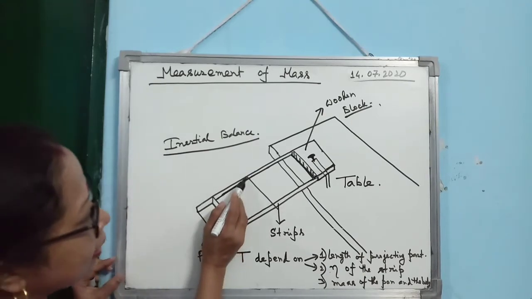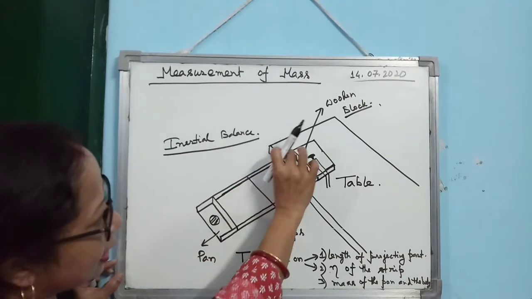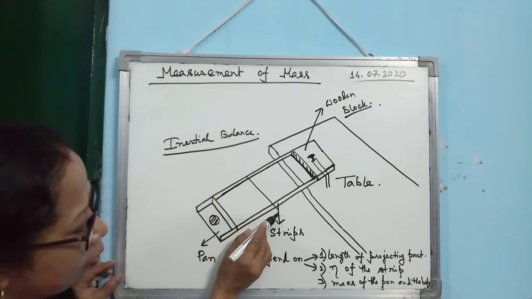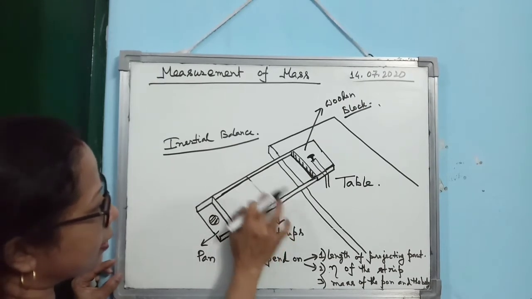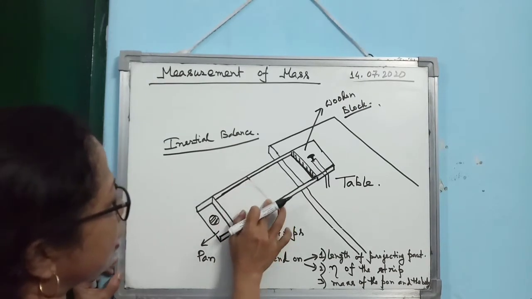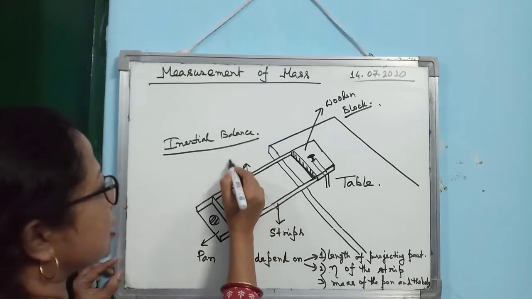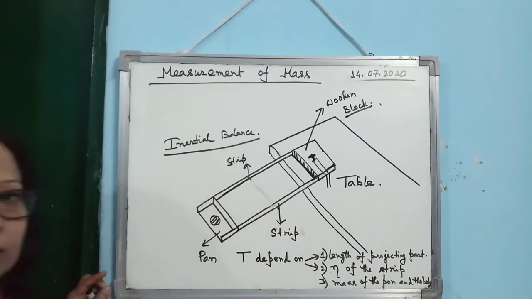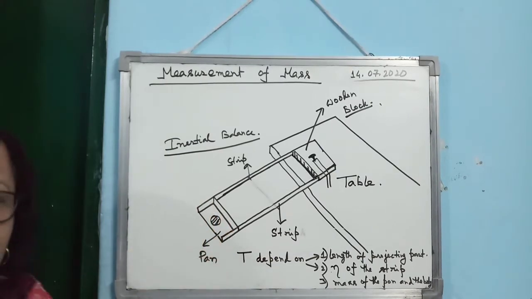Remember that this is not a line. Here there is a metal strip and there is a metal strip. So I have put an arrow here, or I can do it like this, then you will not be confused that this is one metal strip and this is another metal strip. And there is a pan attached with that.